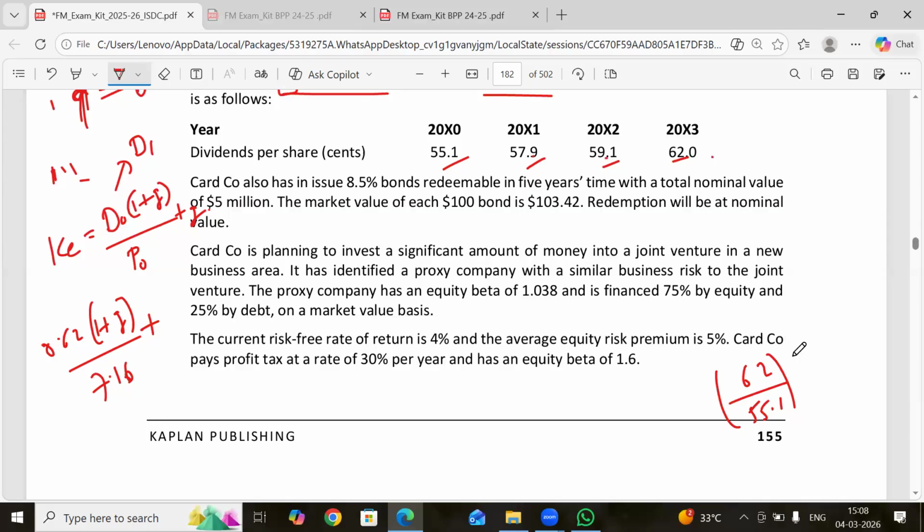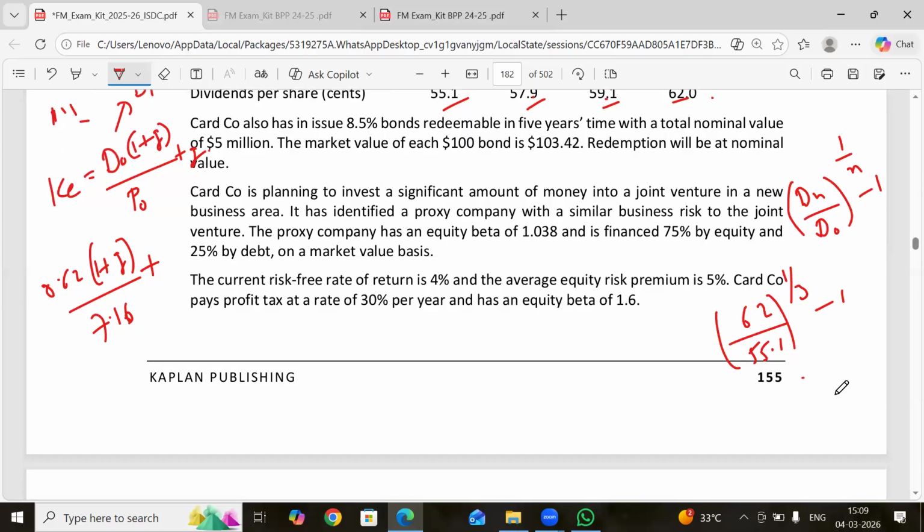So whole power 1 by 3 minus 1. That is Dn by D naught, Dn being the latest dividend, whole power 1 by n minus 1. Can you calculate and tell me the growth factor fast? We'll put it in this formula and get the first question's answer.